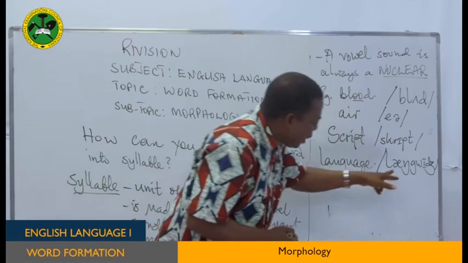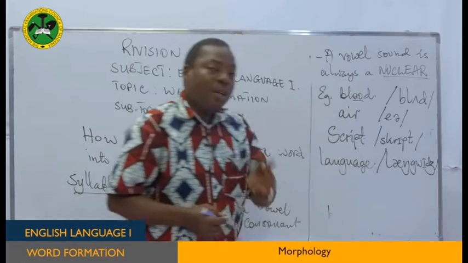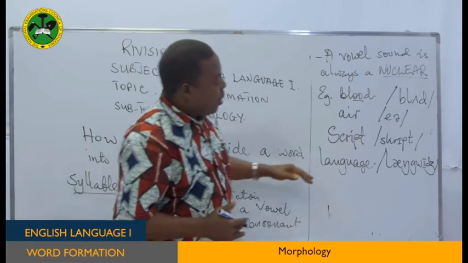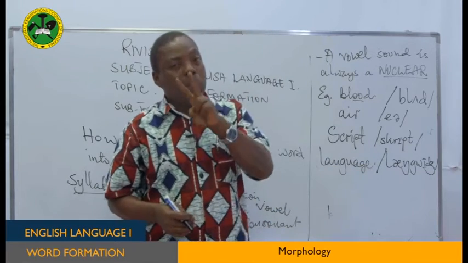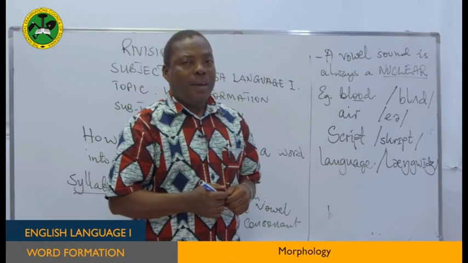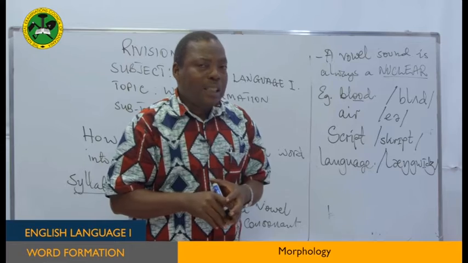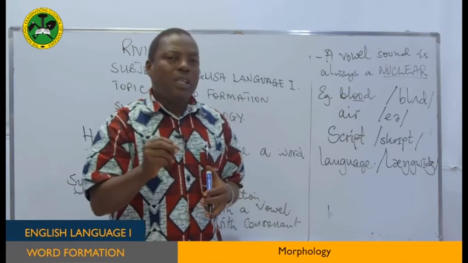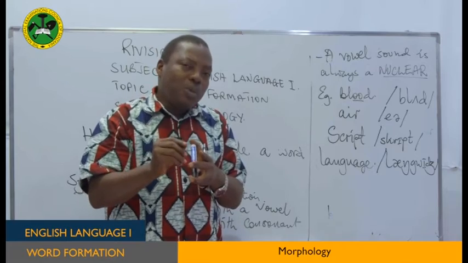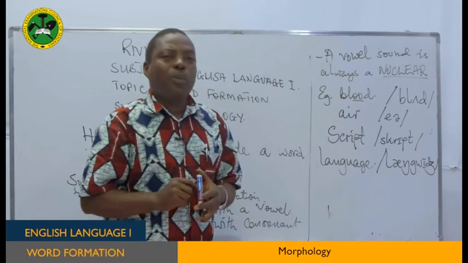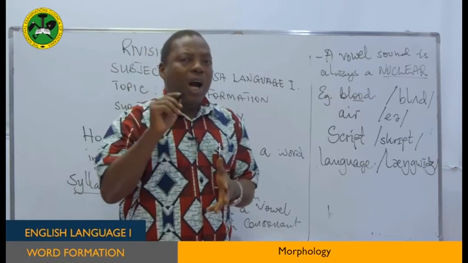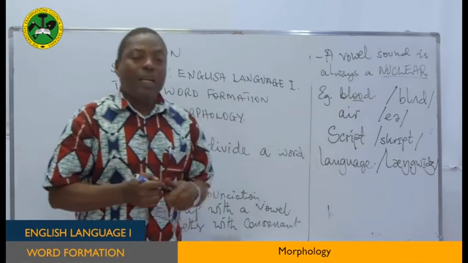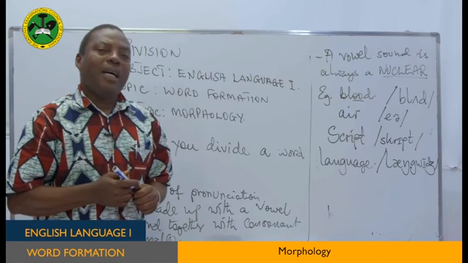Now, if you count the number of vowels, you realize that there are two vowel phonemes, so the whole word seems to have two syllables. How do you pronounce it? It is language. If you pronounce the word slowly, at times you seem to put a short break when you pronounce it. So lang becomes a syllable by itself, and guid becomes a syllable by itself.